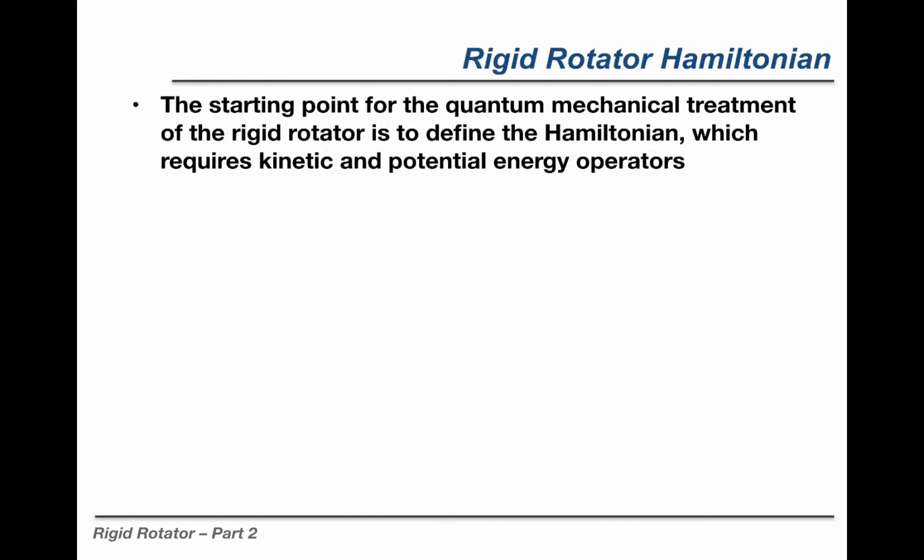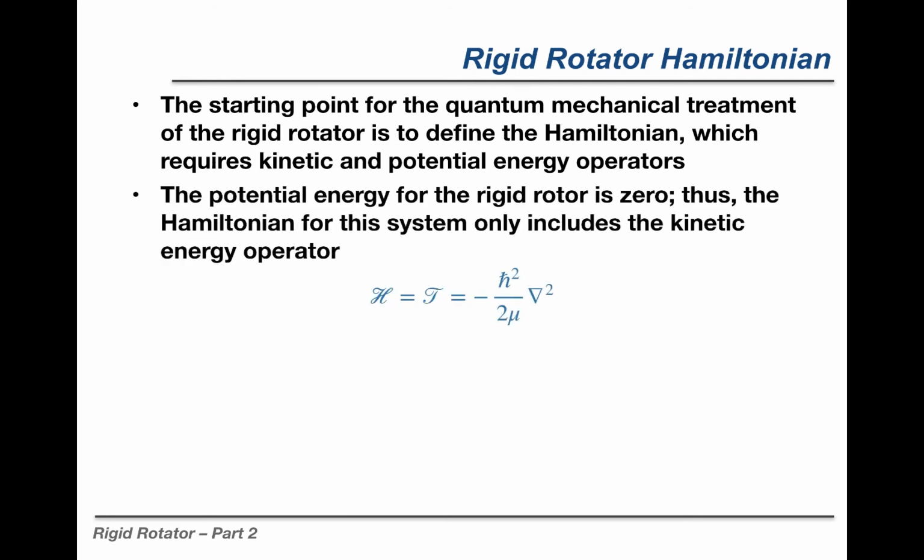The starting point for our quantum mechanical treatment of the rigid rotor is to write down the system's Hamiltonian. As we've seen time and time again, the Hamiltonian is given by a sum of kinetic energy and potential energy operators. Since the energy should be independent of the orientation of the system, and since there are no external fields or interactions with any other bodies, the potential energy is zero.